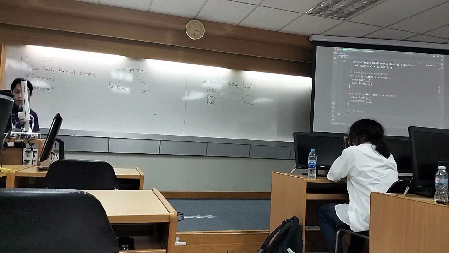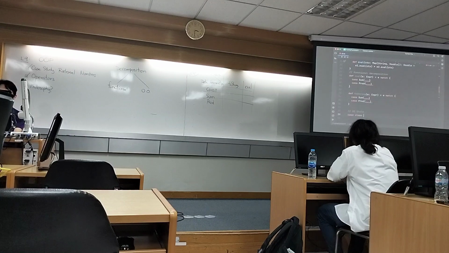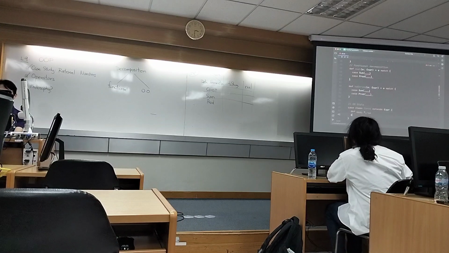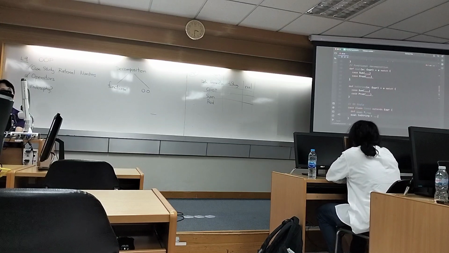It turns out we have seen this example above. For constant, you're going to have eval equal to something. You're going to have toString equal to something.